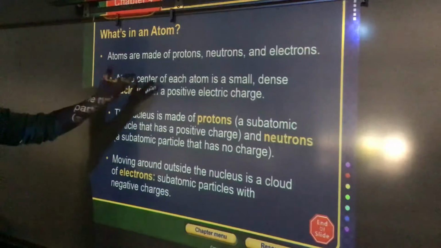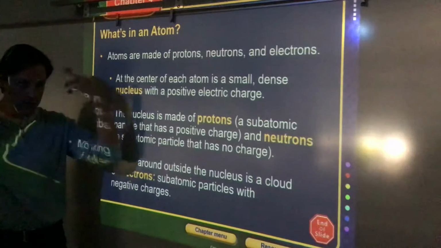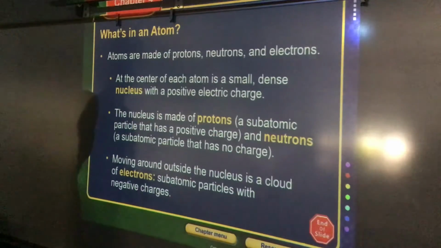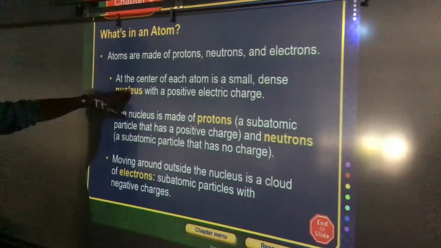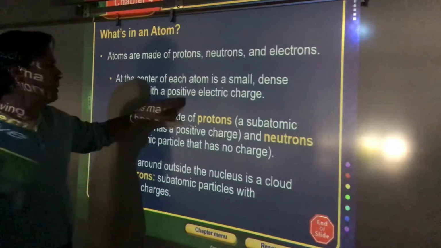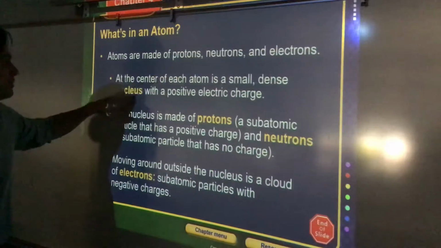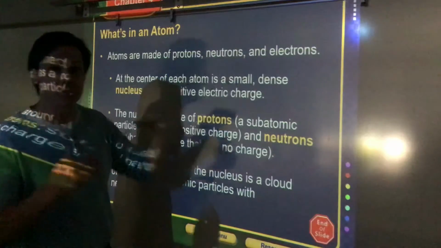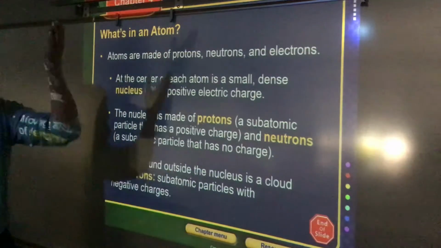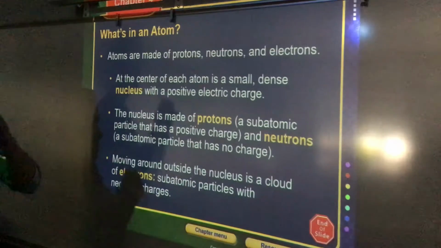So basically at the center of each atom is a nucleus. I think we all know that, but if we didn't, think of the nucleus as the powerhouse, the center, the hub of all energy and activity. And the nucleus has a positive electrical charge because protons are all found in the nucleus, and the neutrons have a neutral charge, so they don't carry a charge.